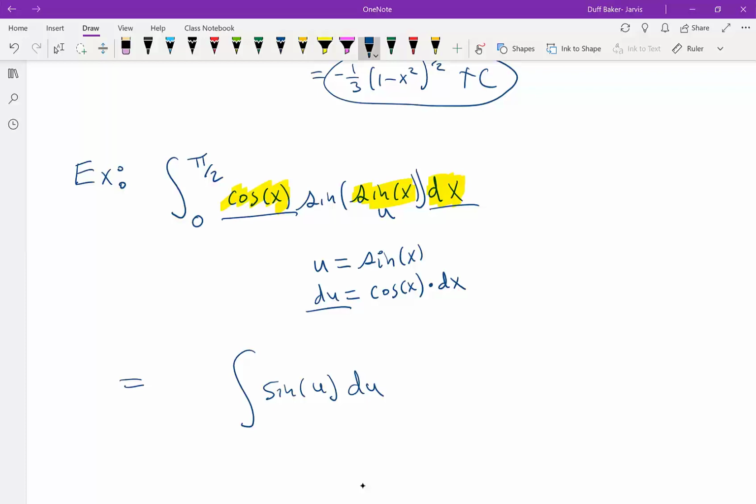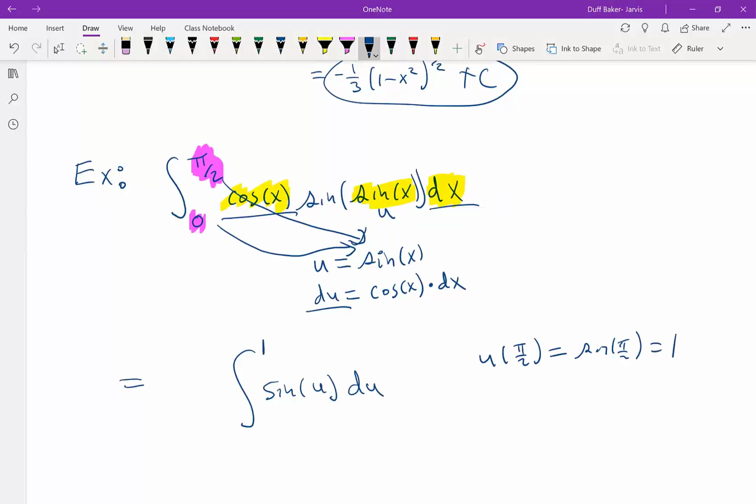But we didn't account for the bounds now. So what do we do about the bounds? Well, we always just plug them into our u. That's the most straightforward way. So u of pi over 2 would be sine of pi over 2, which is 1.